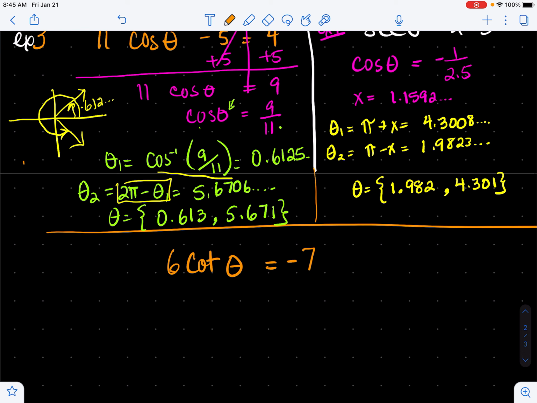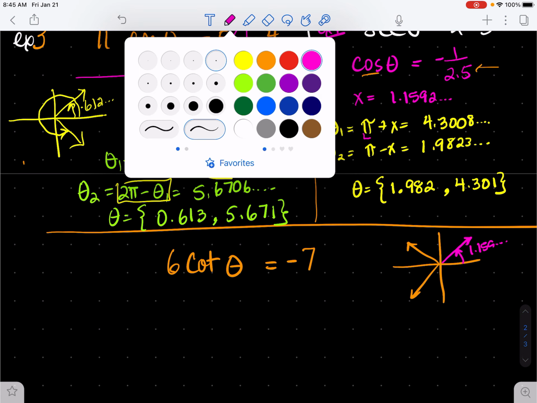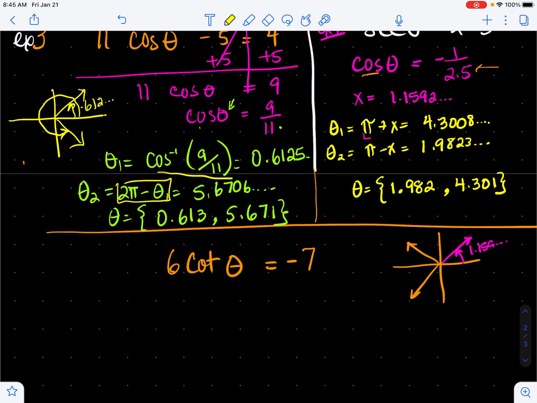How does that make sense? Cosine is negative, if I were to draw it here, in these two quadrants. So when we end up finding the positive value first, which means right here, now I'm going to use this pink arrow, which gave me the first radian, 1.159, to find the other two orange ones. Because we are actually looking for this angle and this angle. Because cosine is negative, as I said, in the second or third quadrant.